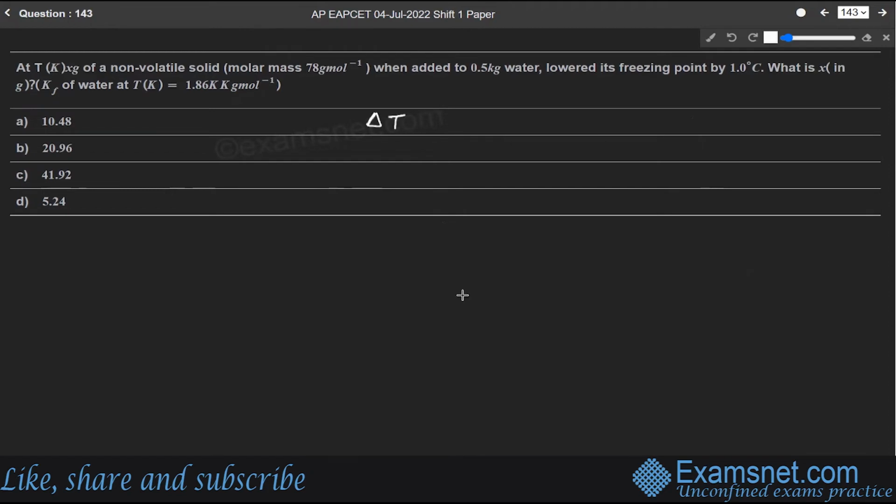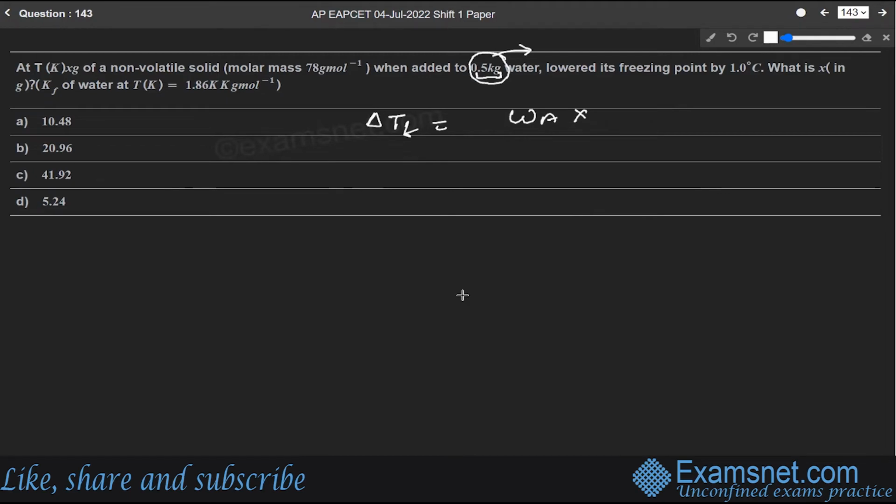So that's delta Tf equals Wa into... that's 1000, because why are we not taking 1000? Because the mass of solvent is in kg and that is already given to us. When it is given in grams, then you need to multiply by 1000, but that's not the case.